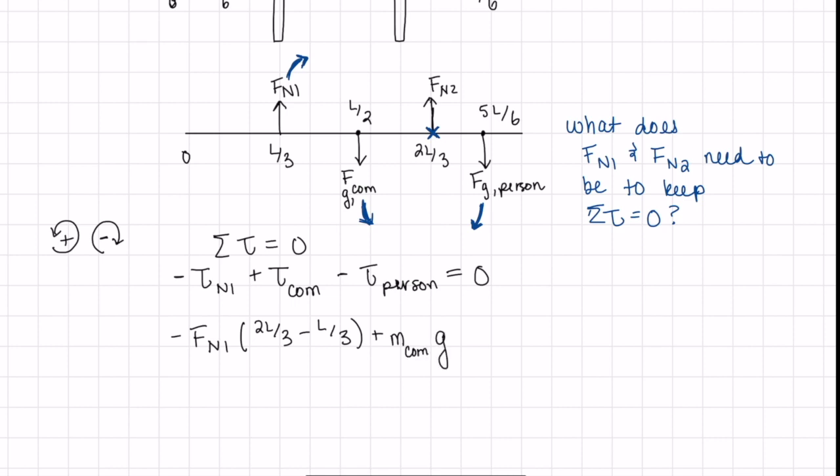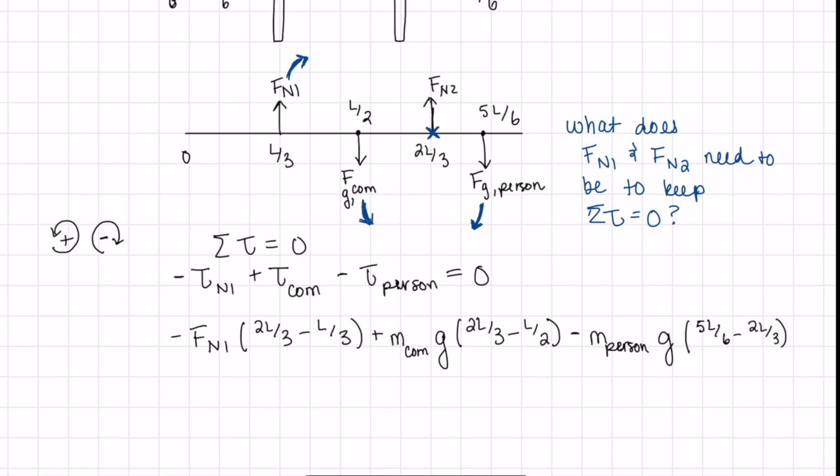Center of mass, g, that would be 2L over 3 minus L over 2. So again, just taking the pivot point position, subtracting the center of mass position, and that'll give us the new coordinates with respect to the 2L over 3. And then we will have negative m person, g, and this one will be 5L over 6 minus 2L over 3.